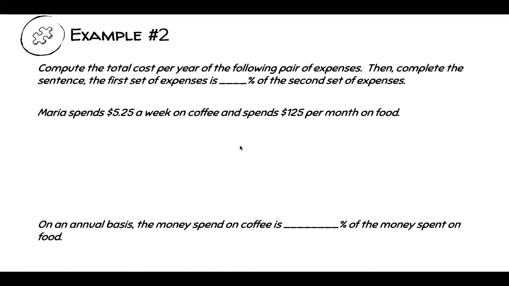And again, don't forget to express that as a percentage, 18.2%. So it turns out Maria spends 18.2% of her food money on coffee. Or I guess if these are separate expenses, the portion of her money spent on coffee is 18.2% of the portion of money she spends on food.